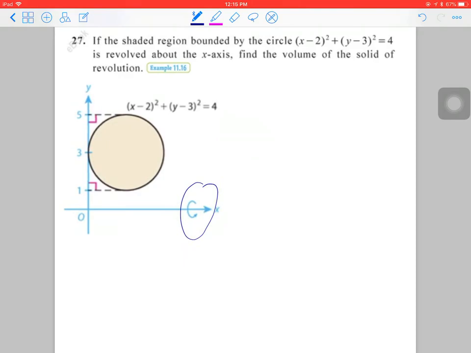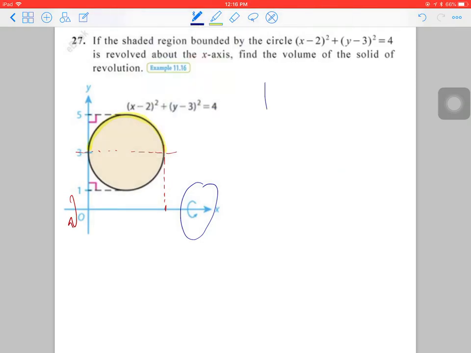So step number one, identify the outer curve and inner curve. When we rotate this about the x-axis, I better write this, right? About the x-axis. We can actually come up with two curves, right? One is this one, the yellow one.